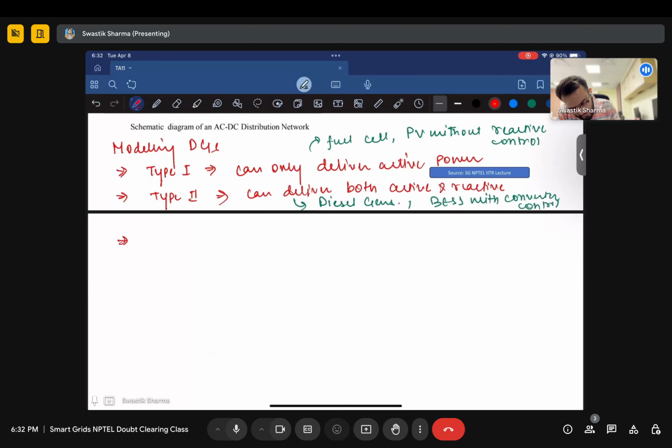Next kind of modeling is type 3, where you want to deliver only reactive power. So these are your synchronous condensers. I don't know if you have heard.